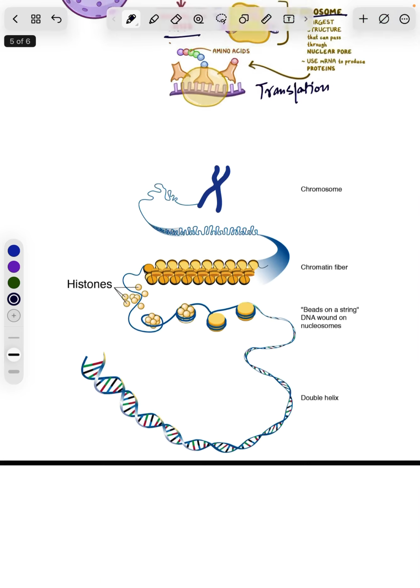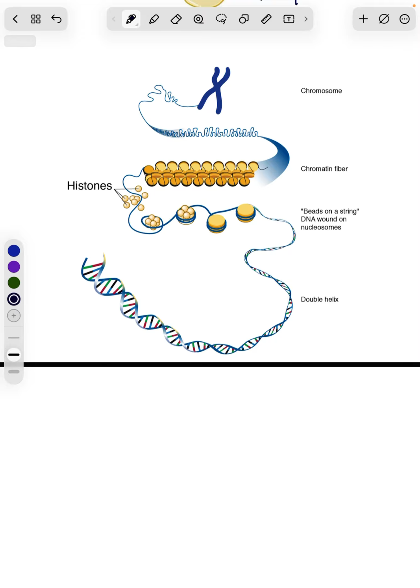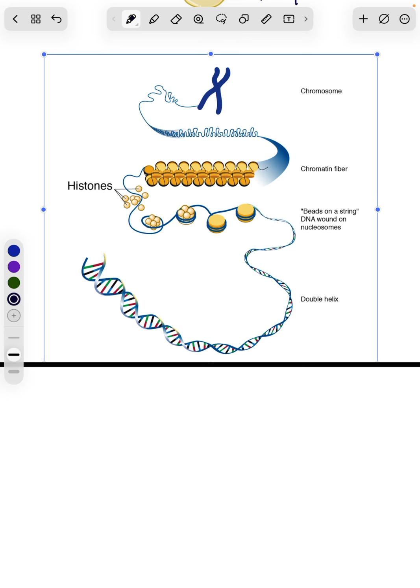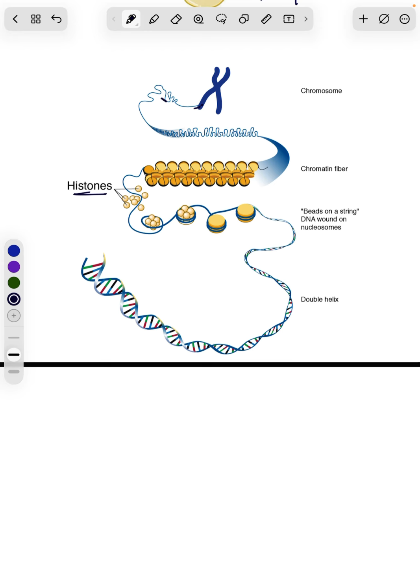Now when we expand a chromosome, the chromatin material, here you can see the thread. When we expand the thread, here you can see the chromatin fiber-like structure, and these are the histone proteins which are basic in nature, which are required for DNA to assemble and make a bead on a string like structure, which is necessary to bind the DNA and give it a compact structure.